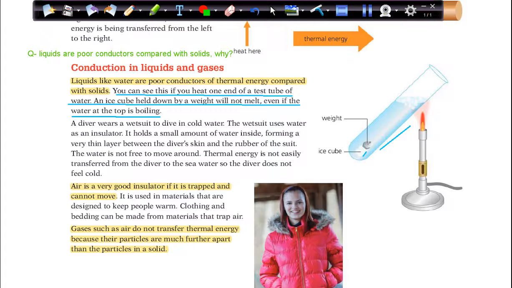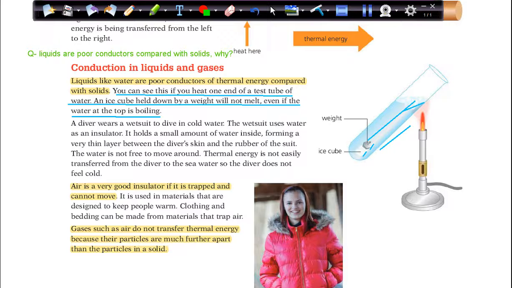Here is the ice cube, and they are placing a weight on it, not to make it float, because it's less dense than water in the solid state. And the water is boiling here. So why is the ice cube not melting? This is because the water is a poor conductor, so it will not transfer the energy immediately to the ice cube.